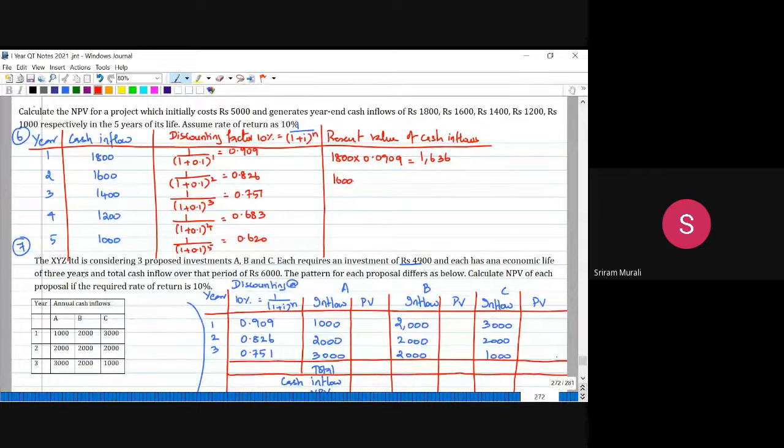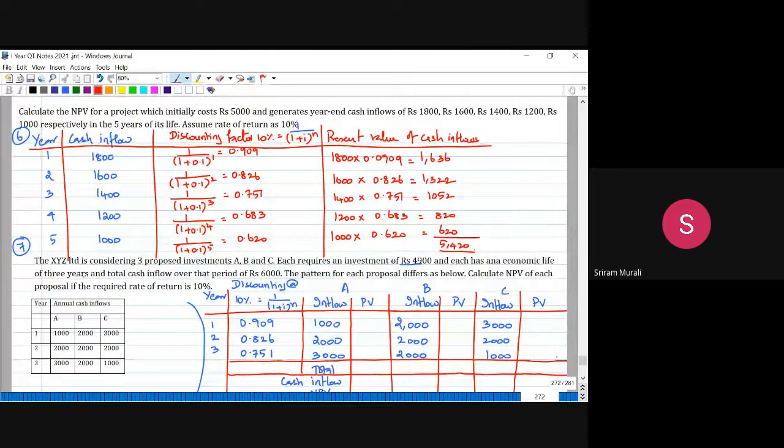Second year, 1,600 into the factor. Third year, fourth year, fifth year. So the total present value will be 5420.